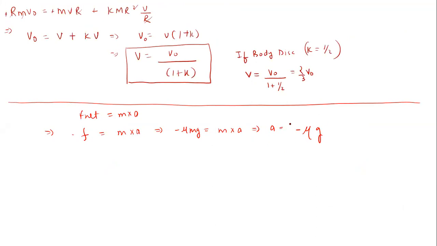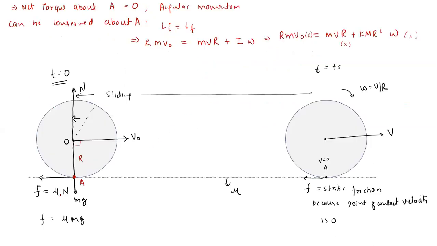Now is this acceleration constant or variable? Kinetic friction is constant, so the value of acceleration will be constant. Correct? Yes. If it is constant, can we apply the equation of motion between these two conditions?